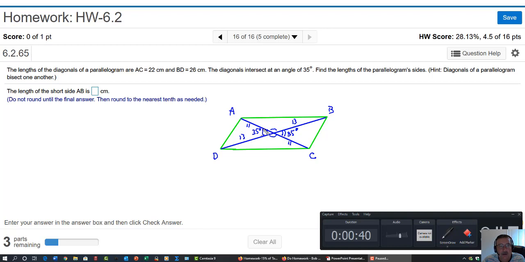Now again, here's good exam review. We've got a straight angle here, so these two would be supplementary. So 180 minus 35 would give us these other two angles in the middle, and then we can find what we're after. All right, so I went ahead and said that's 145 degrees, subtracting 35 from 180.